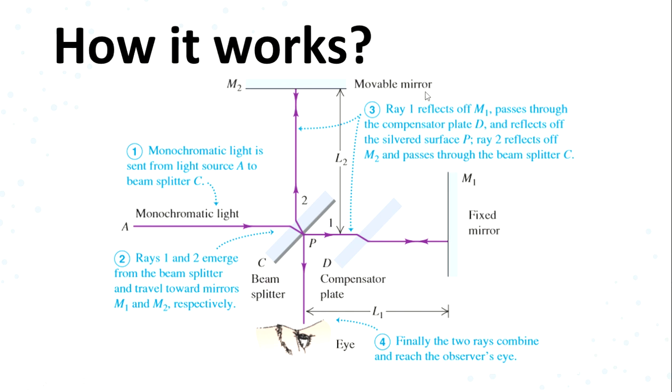Next, ray 1 reflects off M1, passes through the compensator plate D, and reflects off the silvered surface P. Ray 2 reflects off M2 and passes through the beam splitter C. So this is our compensator plate D. Light from M1 will bounce back and pass through this compensator plate, which will again reflect to the surface P. So it is under our beam splitter C. Then these waves will merge.